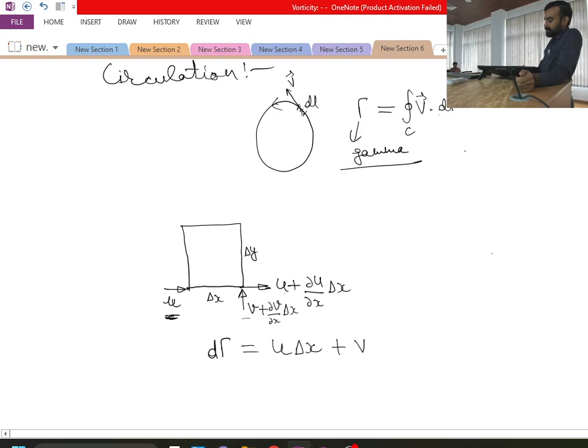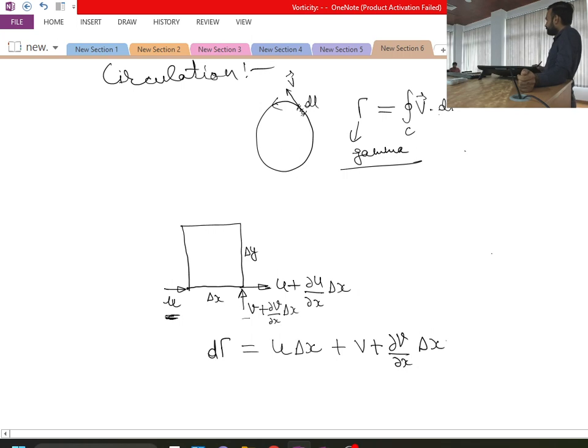So at this point velocity will be u plus del u by del x into delta x. Similarly, if I talk about velocity v, at this point velocity v will be v plus del v by del x into delta x. Okay. So ultimately from this side I will be getting v plus del v by del x into delta x.